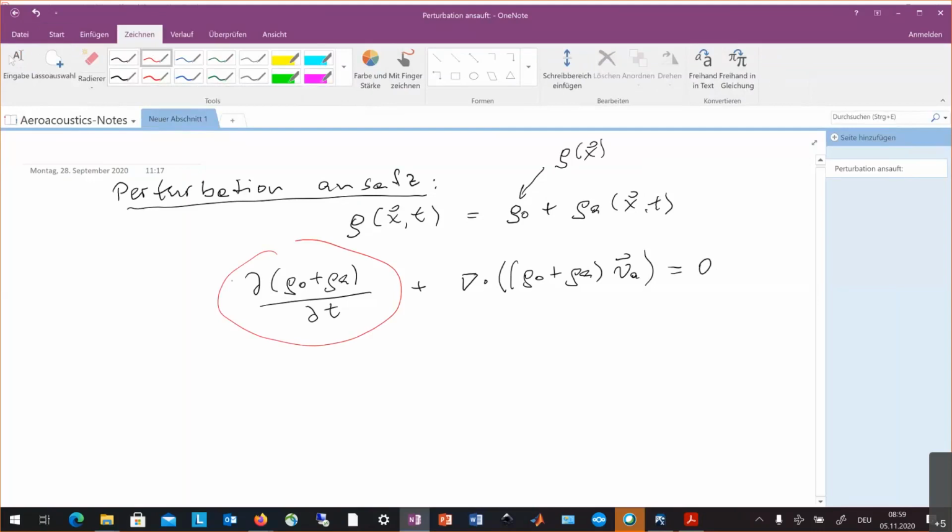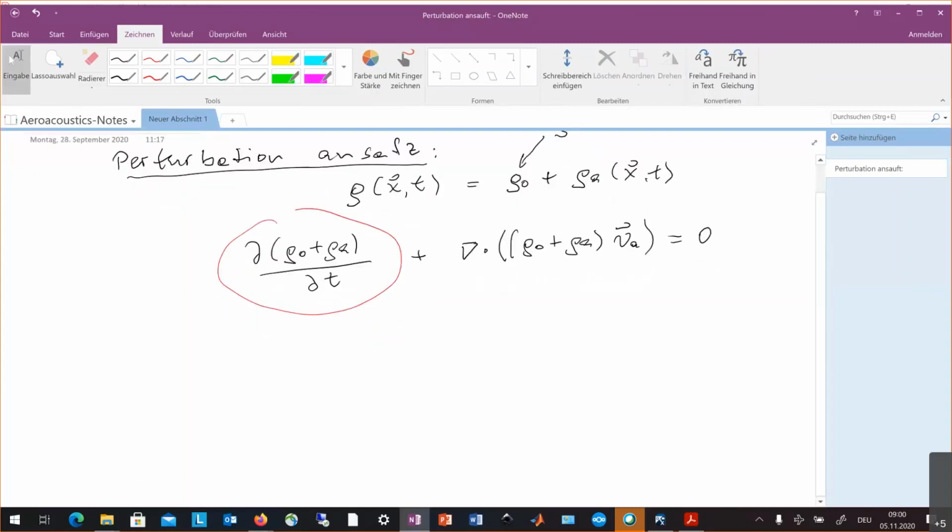Mainly the ambient density is not changing over time. That would be a very special physical problem you want to solve, but in most cases it is constant in time. So even if it is not constant in space, when we perform the partial derivative with respect to time, it is just the partial derivative with respect to time of the acoustic density.